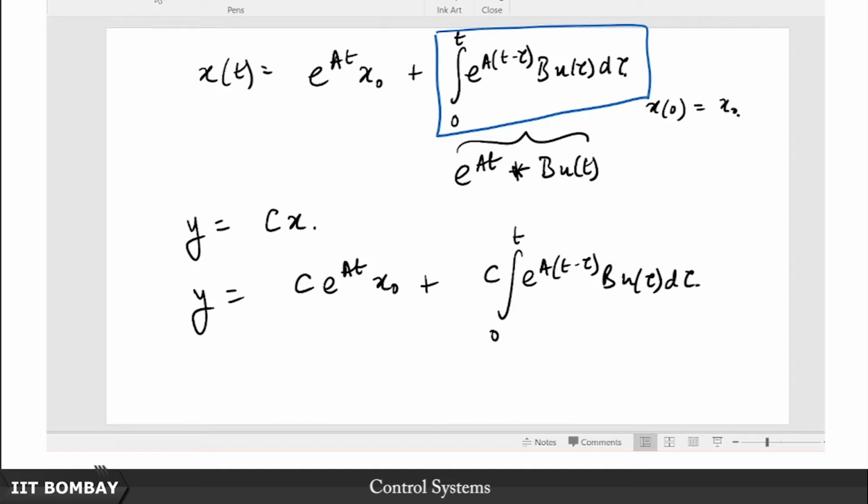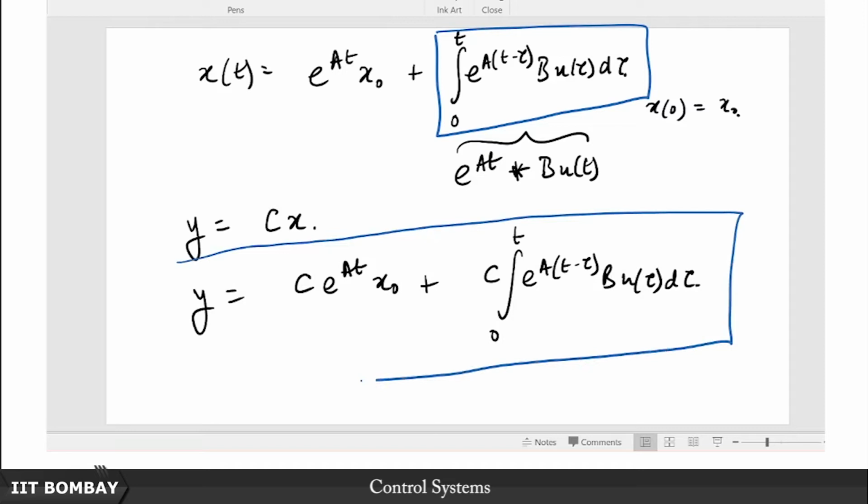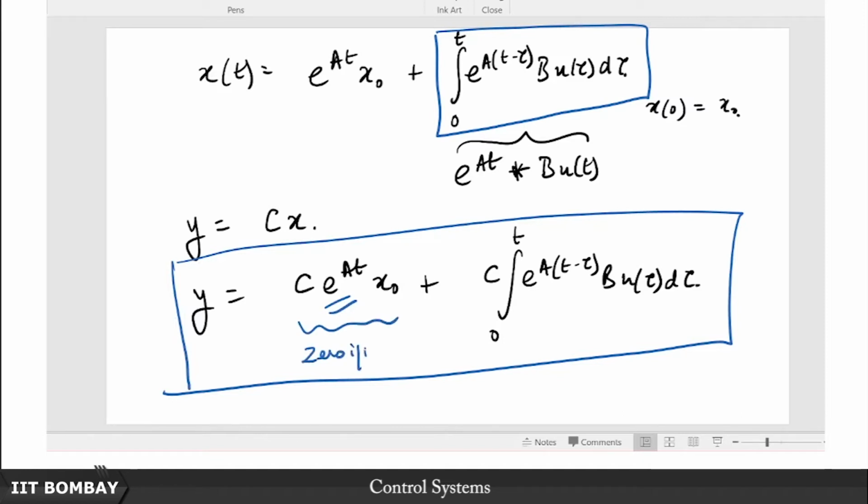This should motivate us to take a very close look at this e^(At), because it is not only involved in the so-called zero input response, but it is also related to the zero state response. Inside the integration you have this e^(At) sitting comfortably, of course shifted because of the convolution.